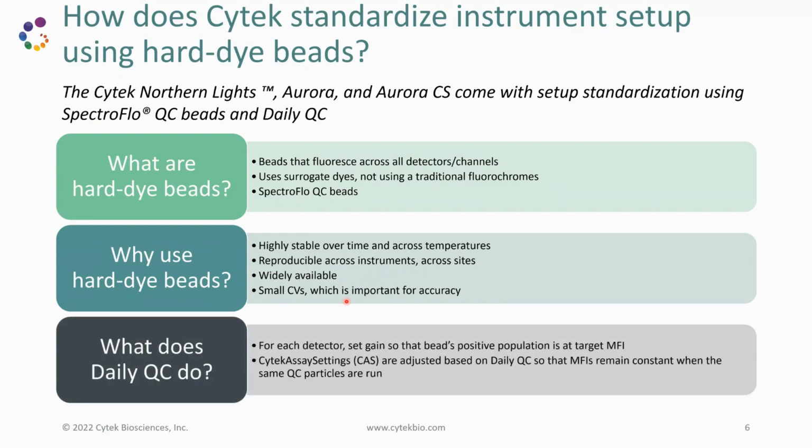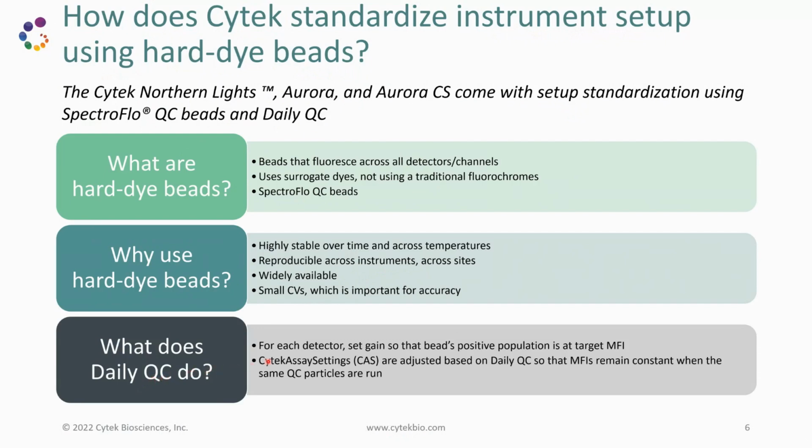On top of having these bits that we have fully characterized and that we feel very confident about, there is, as I mentioned, a next layer that is what the software does. So when you run daily QC, which I hope all of you are doing, the first user of the day, making sure the instrument is clean and running QC.